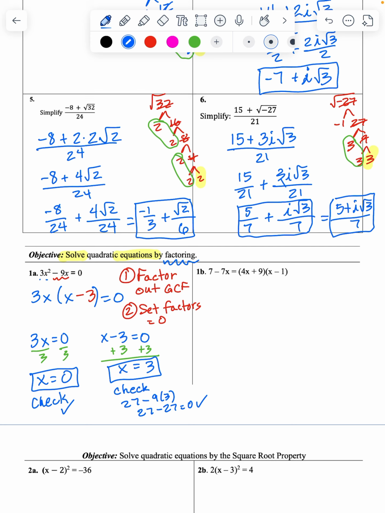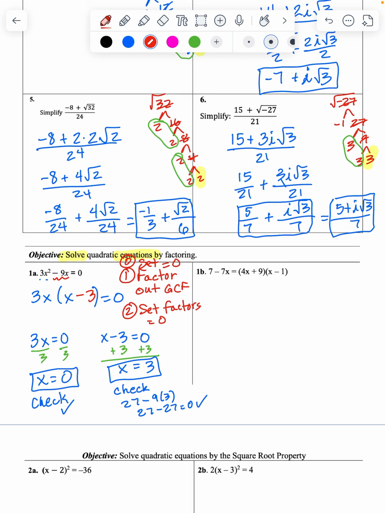For 1b, this one is not set equal to 0 yet, so I should have written a couple more steps over here in my work for 1a. The very first step is to make sure it's set equal to 0. Sorry. Clean that up. So some of the problems will be like 1a where it's already equal to 0.